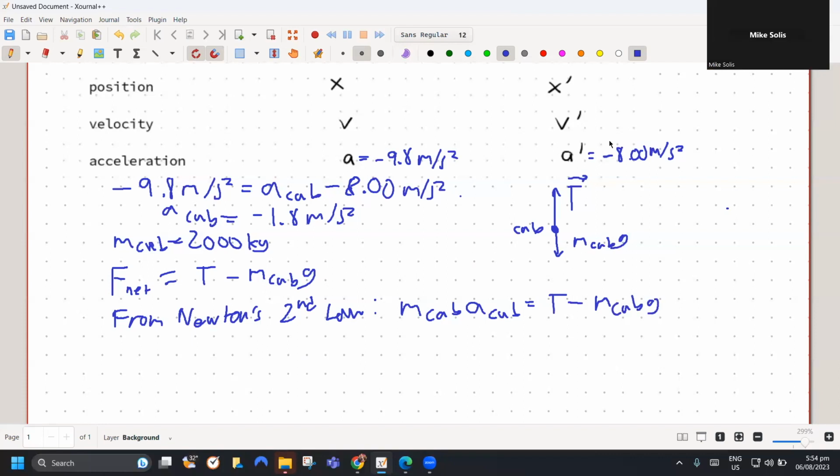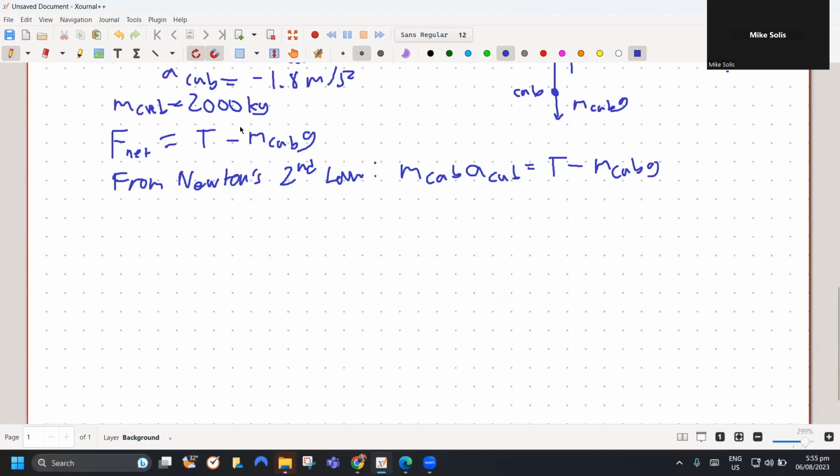Okay, ngayon i-highlight mo, ano yung mga known dyan at ano yung mga unknown? So highlight mo lahat ng known, at least known so far. And what are we looking for?